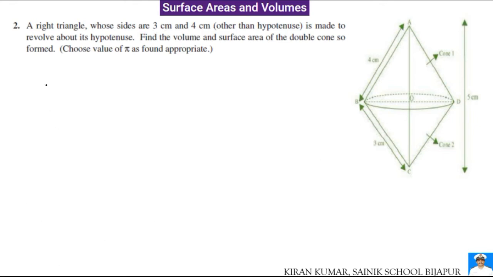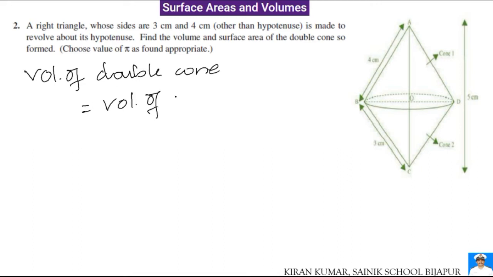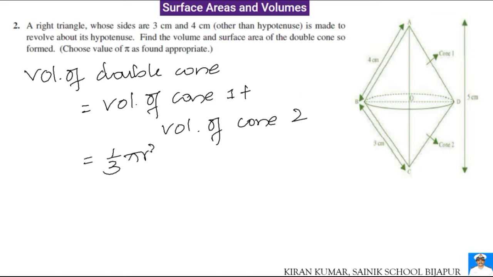Now the volume of the double cone will be equal to the volume of cone 1 plus the volume of cone 2. Volume of cone 1 is 1 by 3 pi r square h1, plus 1 by 3 pi r square h2.